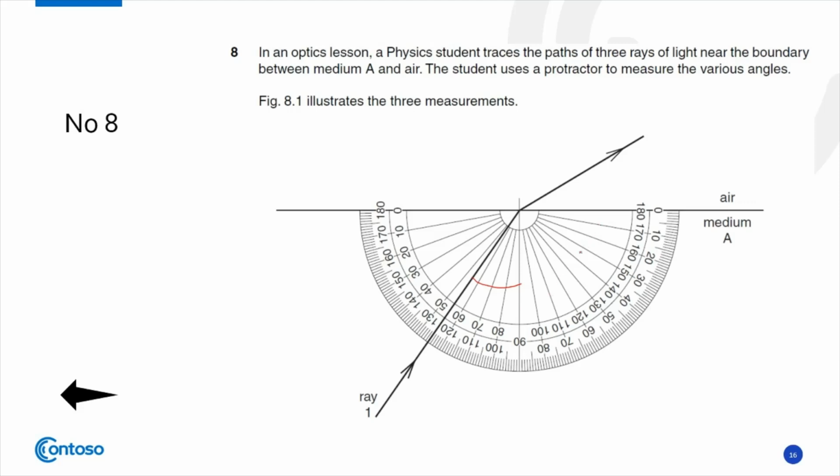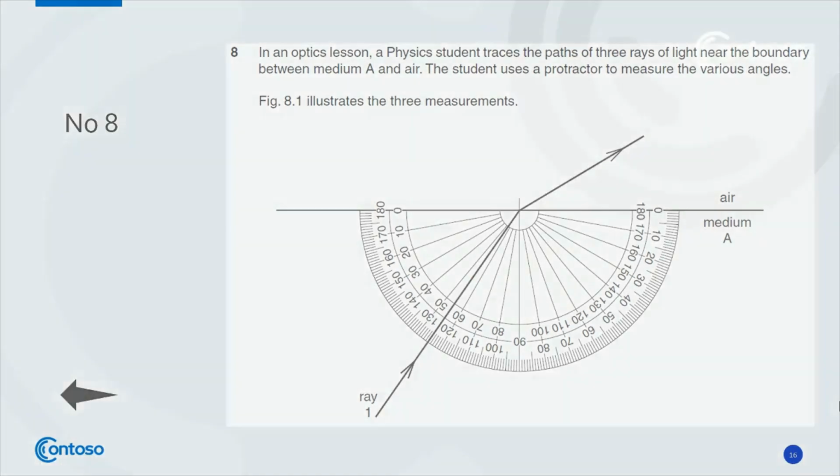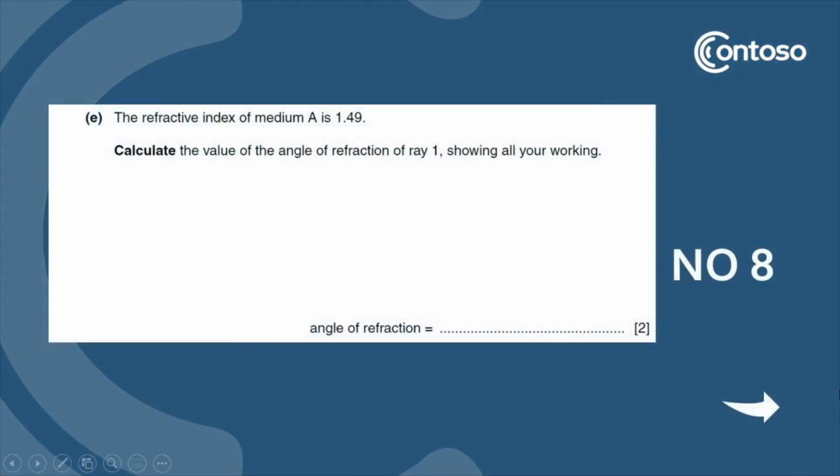From those data, now we can calculate the angle of refraction. To calculate the angle of refraction, we will use Snell's formula: n2 over n1 equals sin i over sin r.